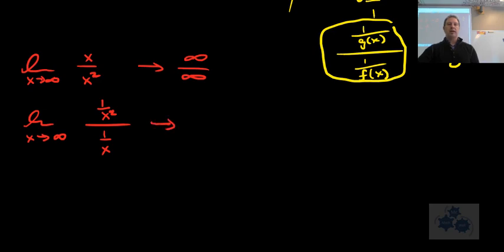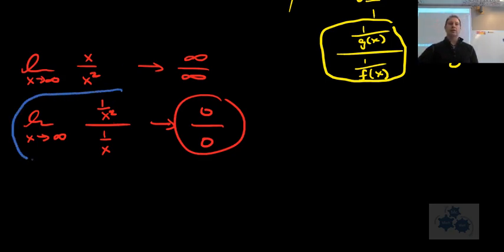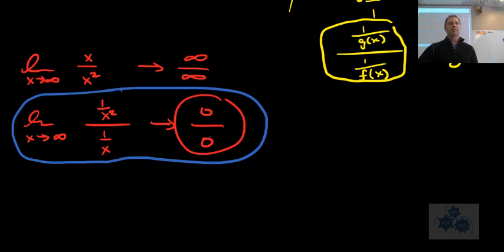Then as x approaches infinity, 1 over x squared approaches 0 and 1 over x approaches 0. So that's a different form. It's the same function, but written a different way, and you can apply L'Hopital's rule to this one, because it ends up being 0 over 0 when you plug your value in.